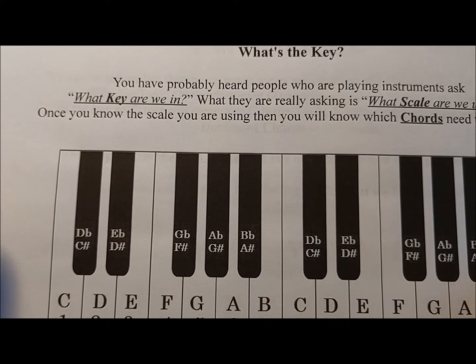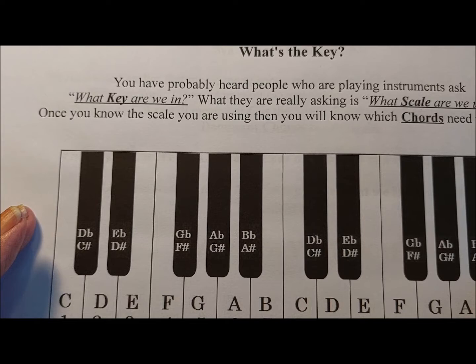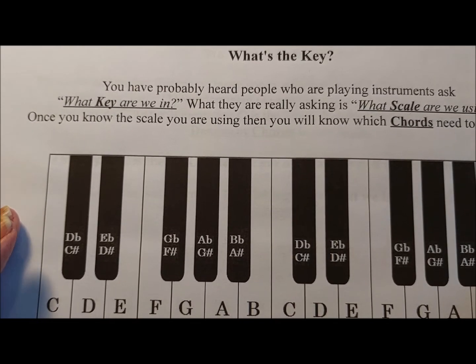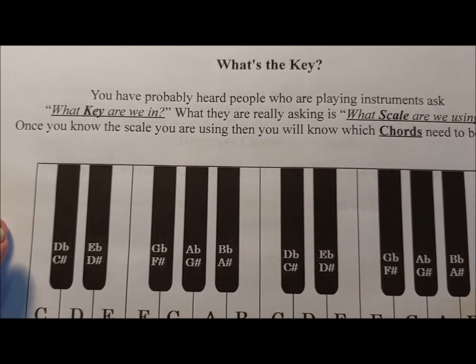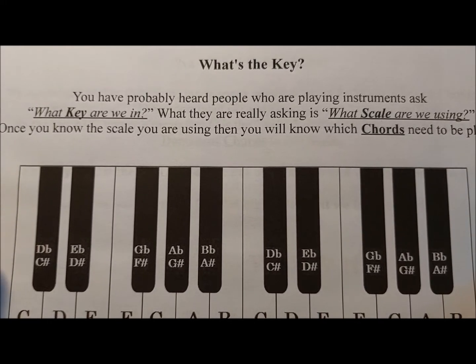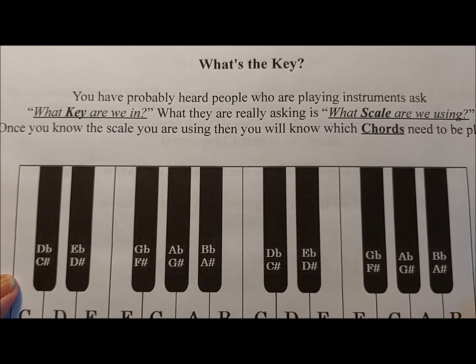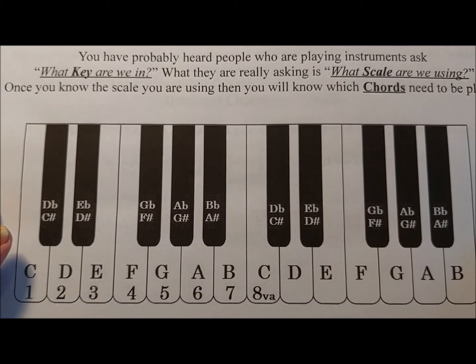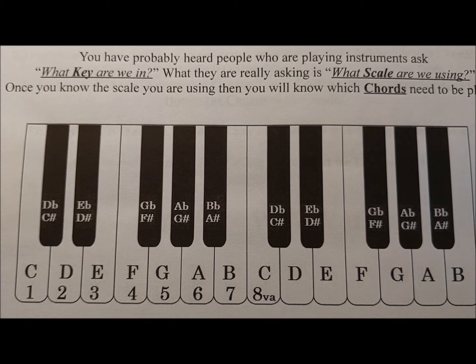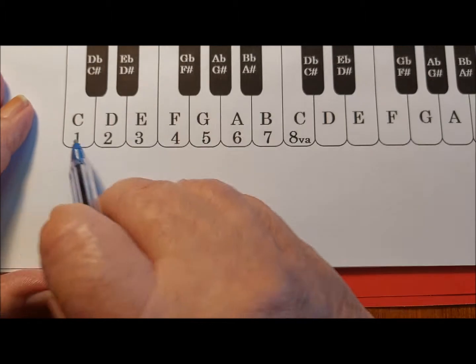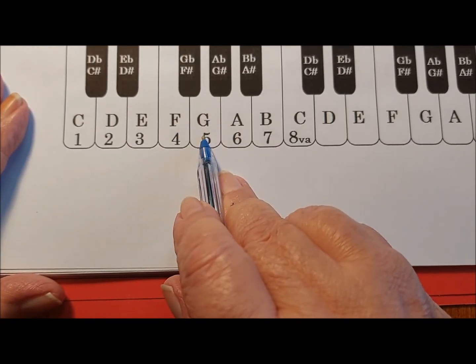Okay, so you probably heard people playing instruments say, hey, what key are we in? And what they're really asking is, what scale are we using? Once you know the scale you're using, you'll know which chords need to be played. You're going to know automatically. If you tell me it's the key of C, I know it's going to be C, F, and G, because that's the 1, 4, and 5.